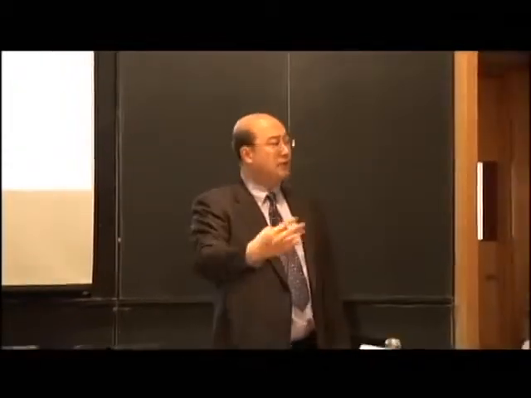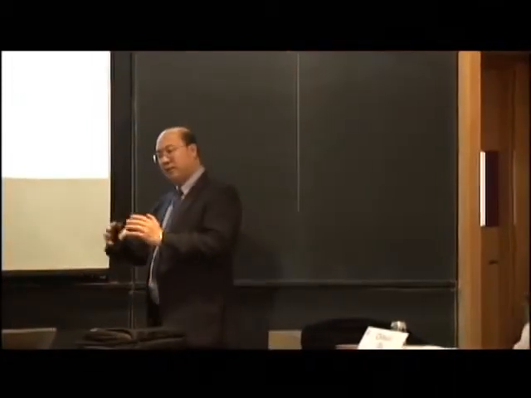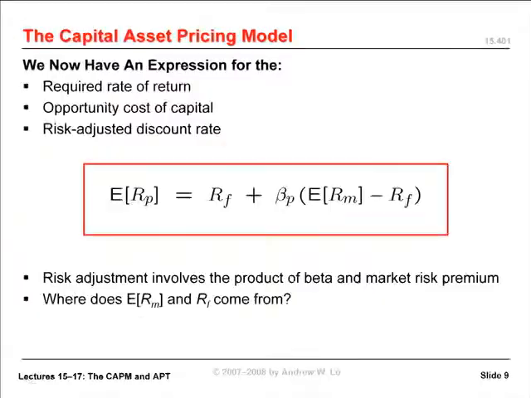And alpha can be positive or negative. So when you say how far away are you from efficiency, this gives you a direct measure of how far away you are. It's basically the difference between the expected rate of return you have versus what you're supposed to have given the beta of the security.